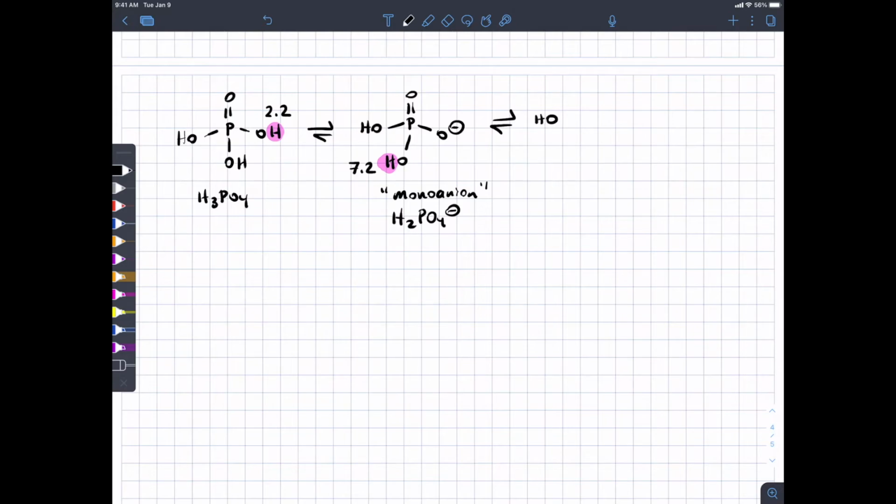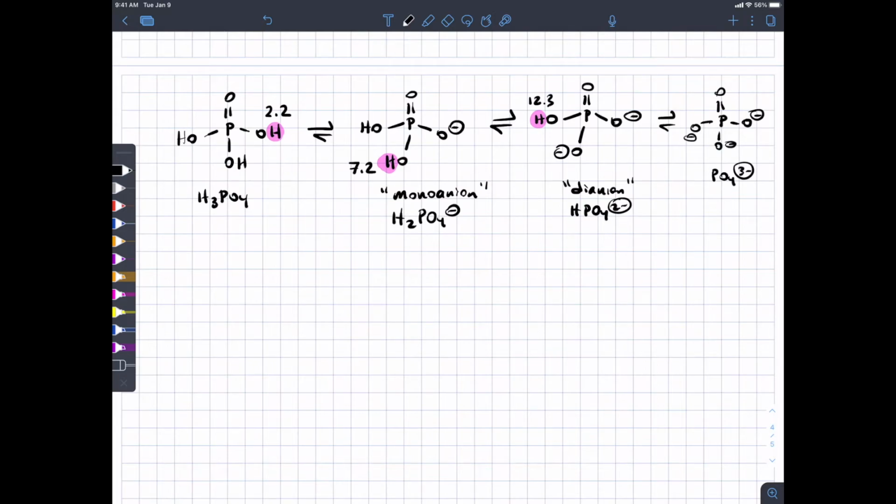And the conjugate base of the monoanion is the dianion, and that's HPO4 2 minus. And as you can imagine, removing the third proton is even harder. That pKa is 12.3, and that would get you to PO4 3 minus.